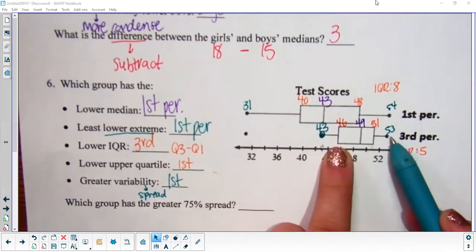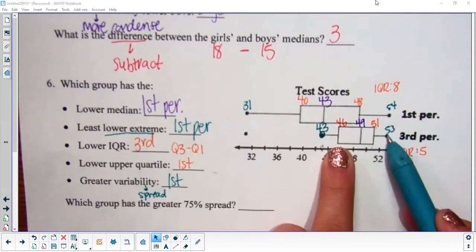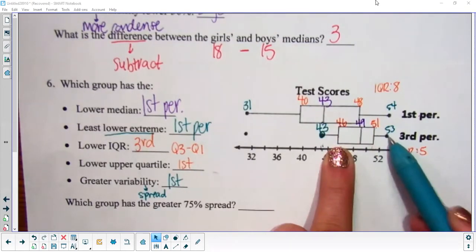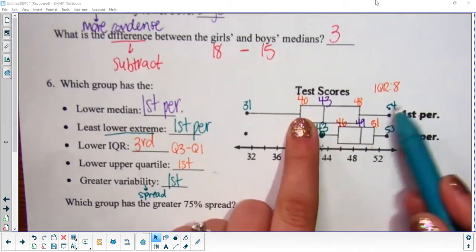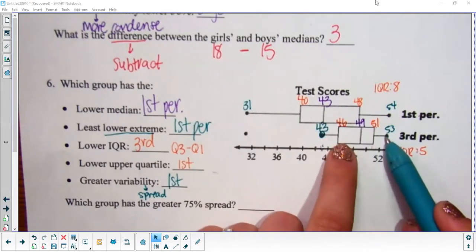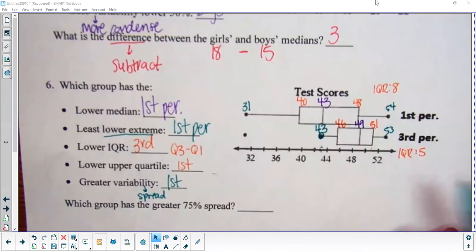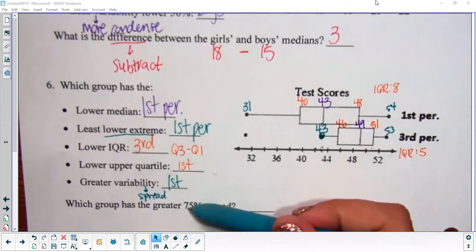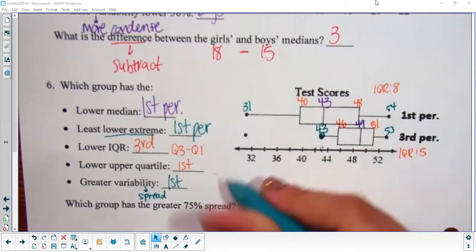This one here, my greatest spread, is going to be from 46 all the way to 53. The one that has the greater 40 to 54, the 75% is going to be 14. This one here, between 46 and 53, that one's going to be about 7. So the one that has the greatest 75% spread is going to be first period.